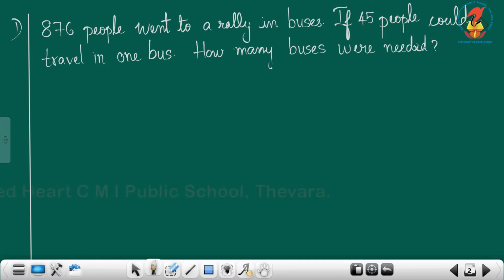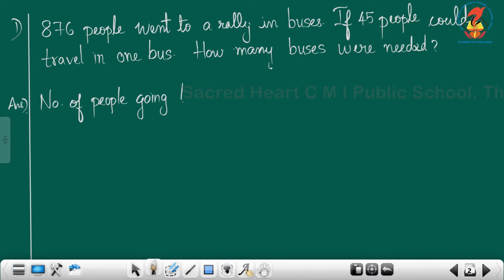So here, what is 876? That is the number of people. So we can write the first statement. Number of people going for the rally. Answer, number of people going for the rally.